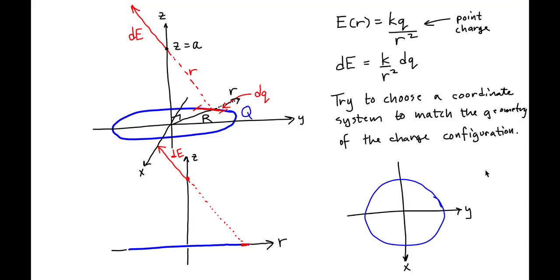And from this view, we see clearly that we have a right triangle. This right triangle has a horizontal leg that is just the radius of the ring. And it has a vertical leg that is equal to our point on the z-axis, at the point z equals a.